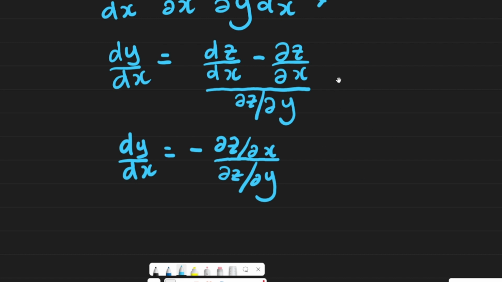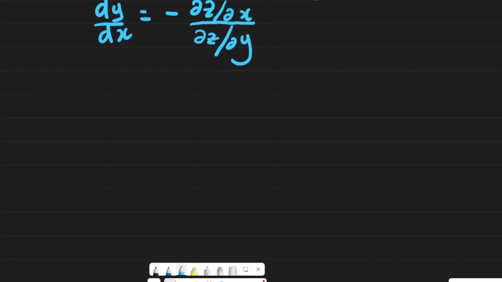So back to our original problem, we had x squared minus xy minus y squared equal to 0. And all we need to do to find dy dx is to just use this formula. So the first step is to let z equal to this function.